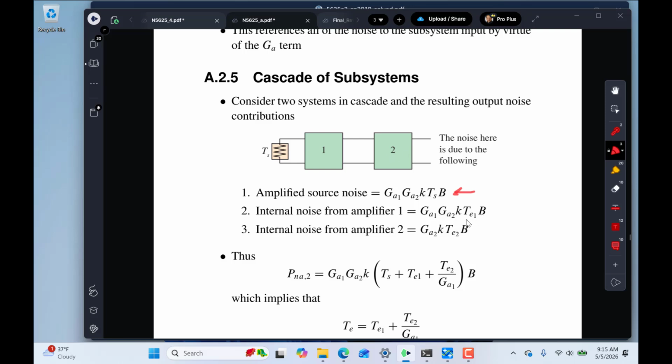So here we have the particulars of what stage one is putting in for a noise temperature, the added noise, and then finally the last stage adds in noise as well. So when we write that out, we get a formula that looks like this. We're just doing our algebra.